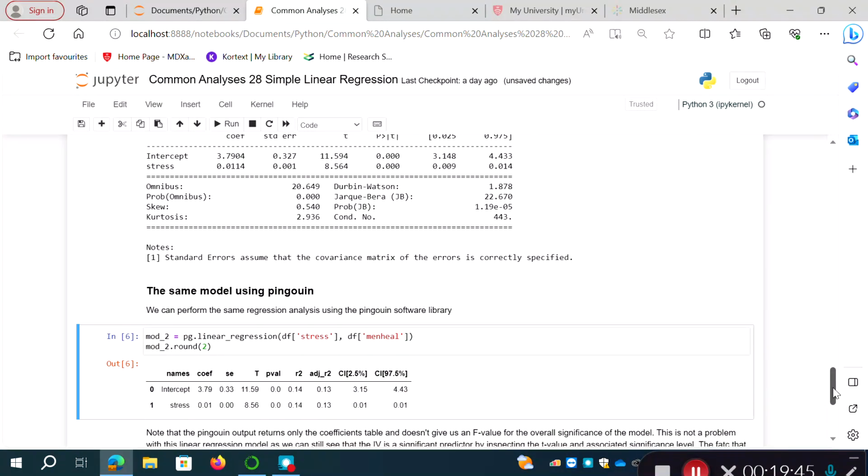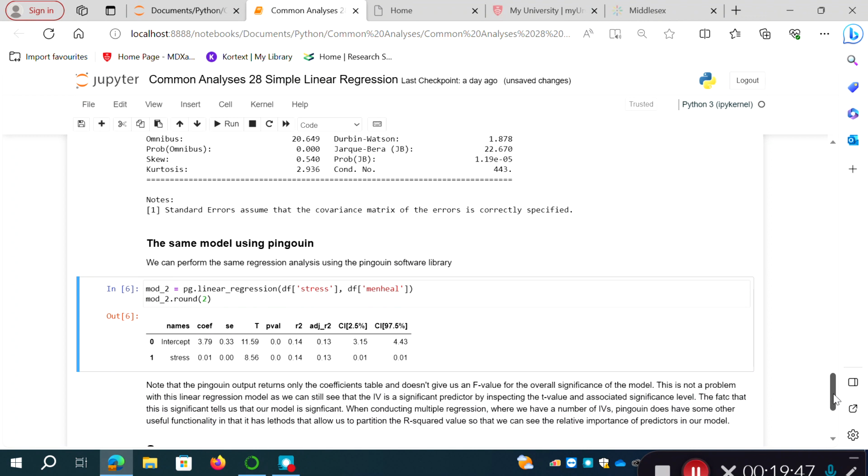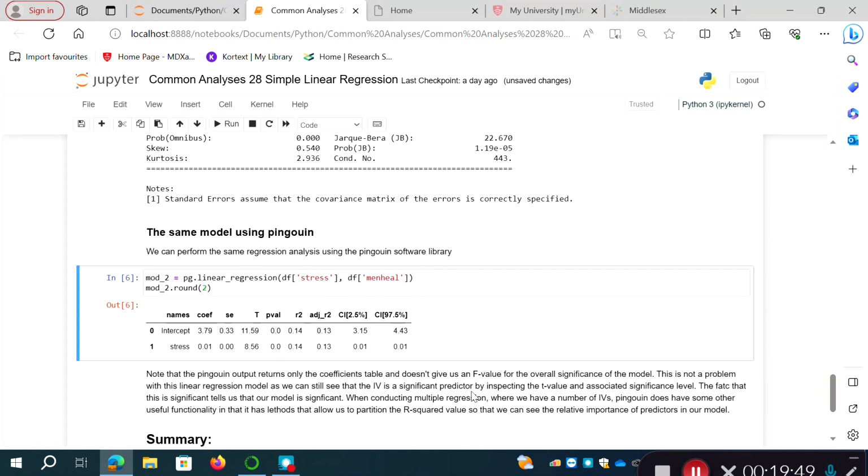What you can see here is a much simpler table of output. It doesn't give you the same information as we got with statsmodels. It gives us our coefficients table essentially, and it does give us R squared. For the stress variable, you see we've got our t value and p. Because I rounded, the p just shows as 0.0, so it was less than 0.001.